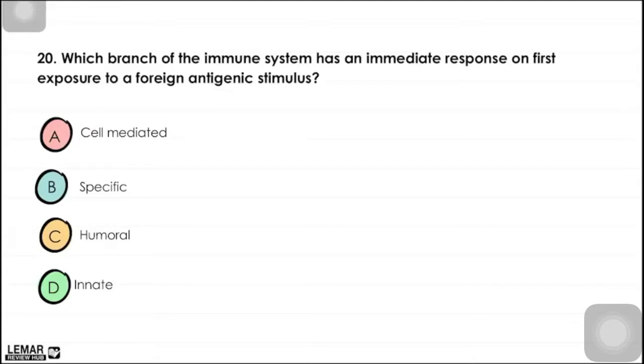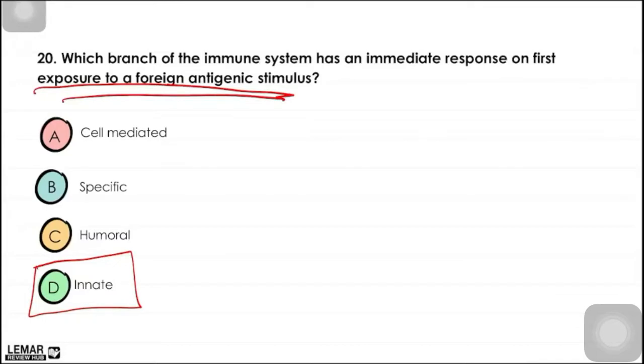Choices are A, cell-mediated, B, specific, C, humoral, D, innate. As discussed earlier, this is described as innate immunity: inherent, non-specific.